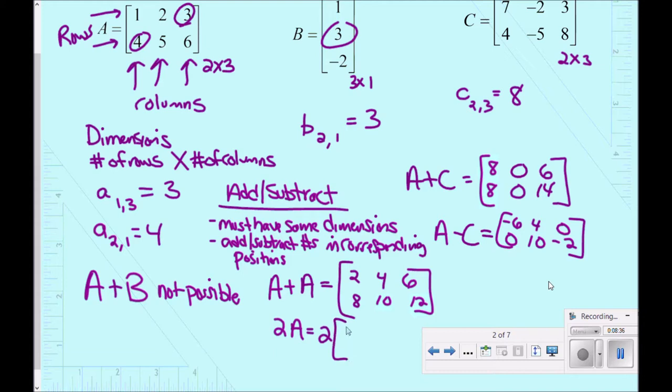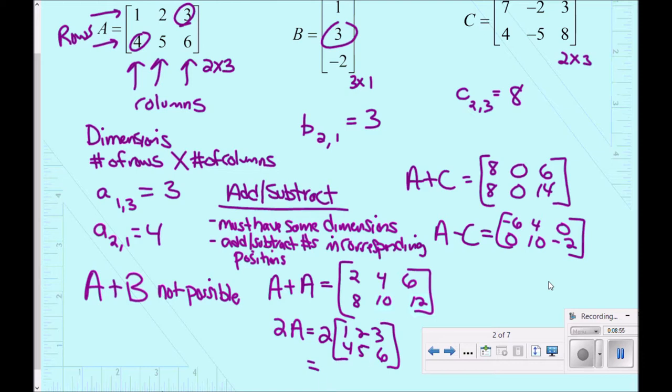Well, 2 times 1, 2, 3, 4, 5, 6 was our matrix A. And when we write that 2 times a matrix, when we have a number out front, we do exactly like what you can see is happening here. We multiply that number times every number inside the matrix.